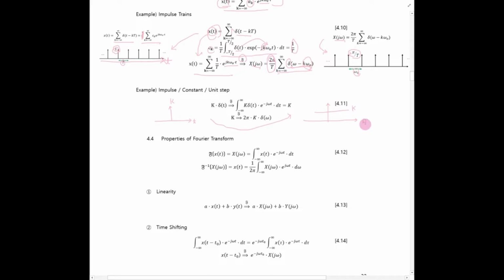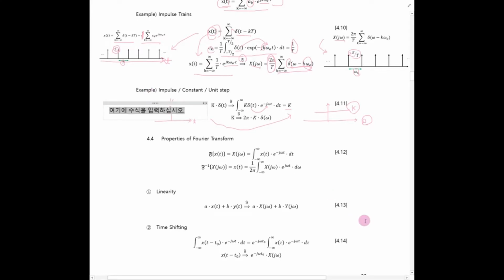For all frequencies, the value is always k. It's a constant over omega. By taking the Fourier transform, only t equals 0 has a non-zero value, so we can replace that, and that gives k. So we know that the inverse Fourier transform of a constant in the frequency domain should be an impulse in the time domain.